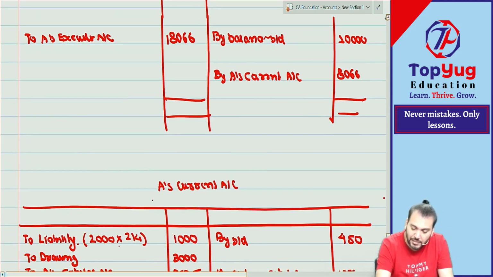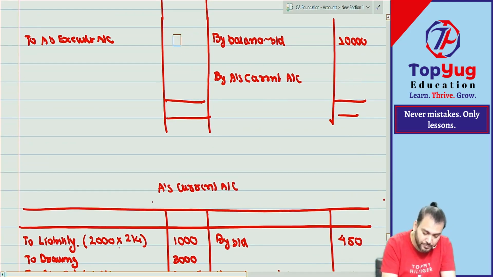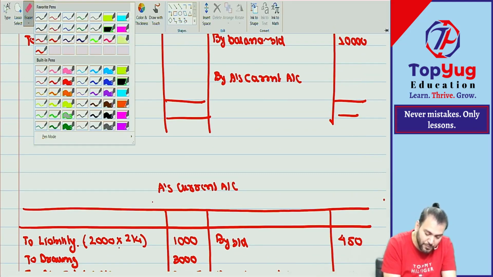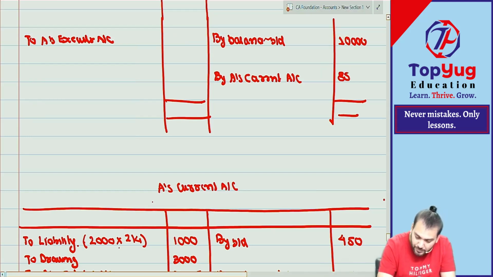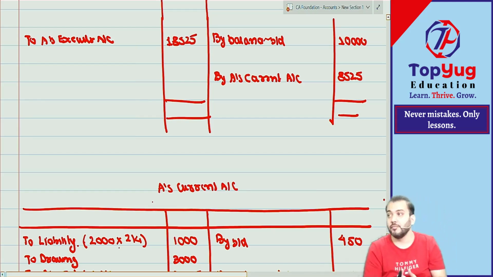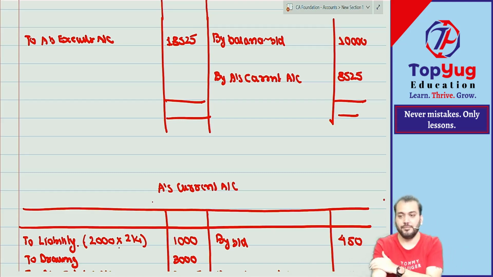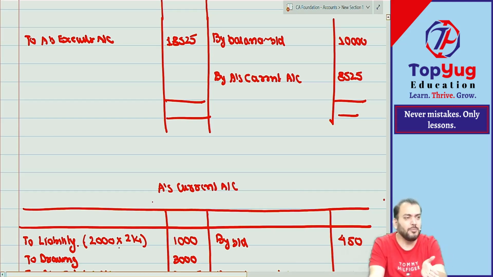This will change. 8,525. Now what answer is coming? 8,525. Now the answer will match. Correct? Understood? Understood why the mistake happened? Because we have not read the question carefully.